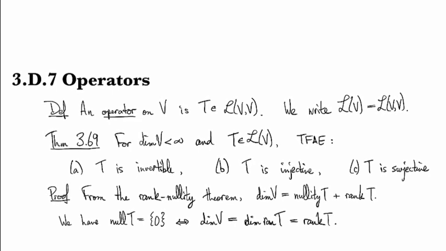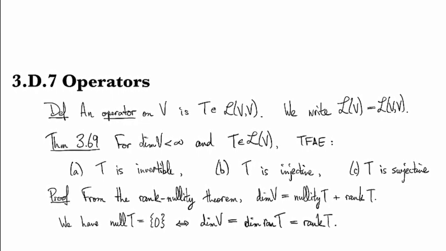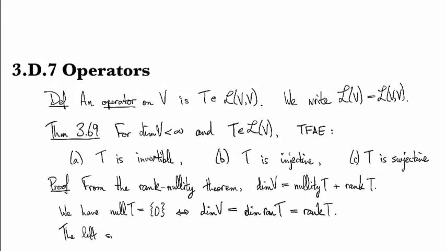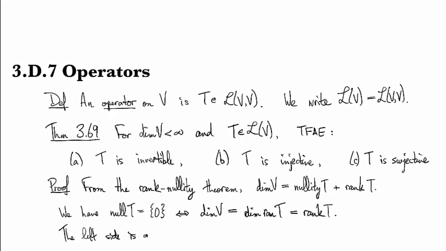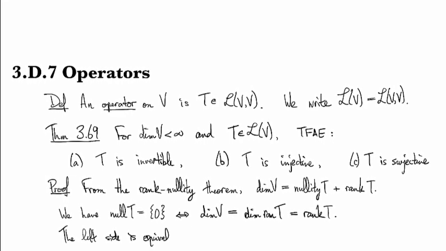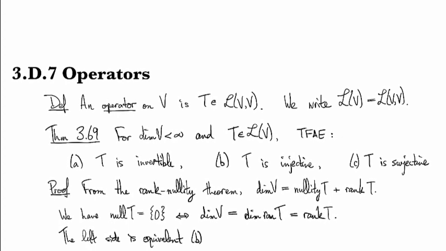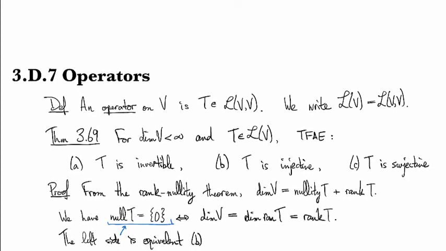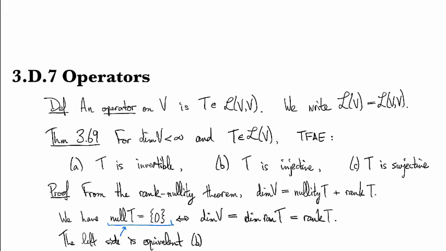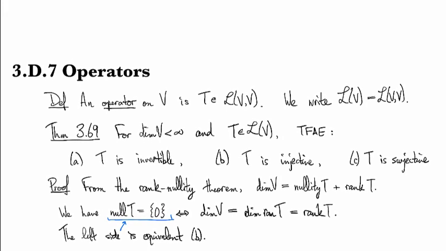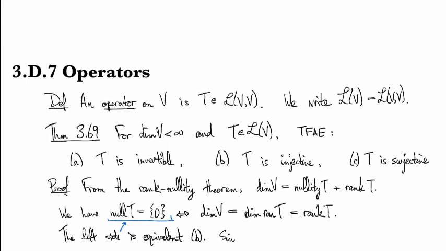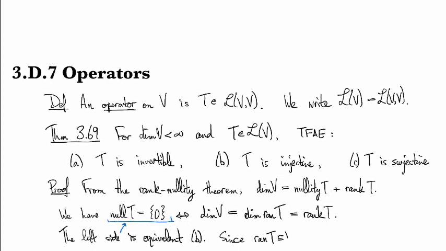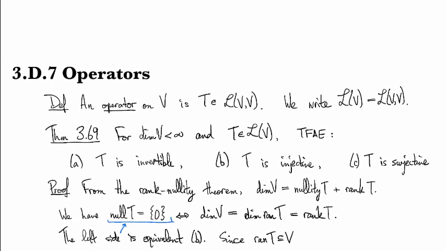Now, if you look at this if and only if here, the left side is equivalent to B. By the left side, I mean this one here. On the other hand, since the codomain is V, we have that the range of T is contained in V instead of the W that we usually would be talking about.